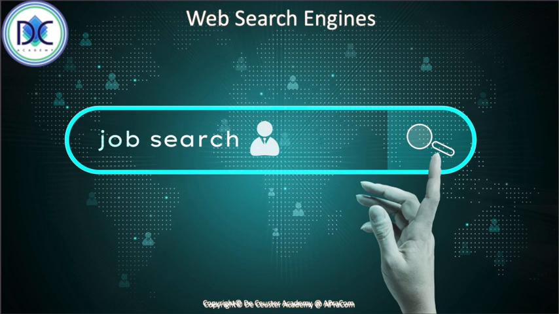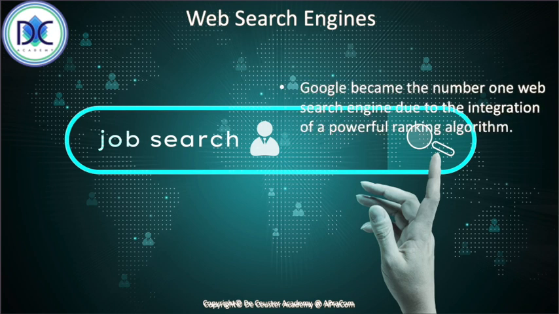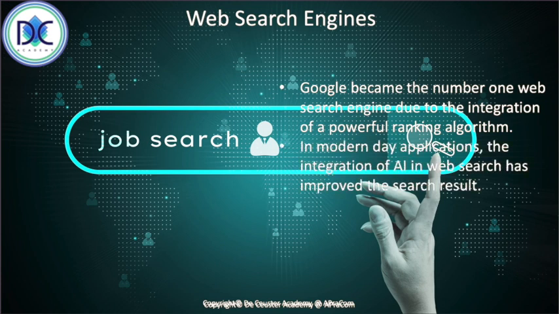The next thing is about web search engines. Web search became very interesting when Google started to use their powerful ranking algorithm. It was one of the famous improvements in web search when this algorithm was implemented.